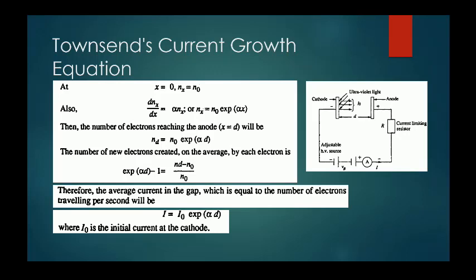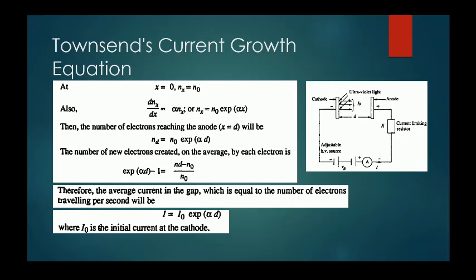Again, dnx by dx is equal to alpha nx. What is dnx? The increase in the number of electrons. Solving, nx is n0 into exponential of alpha x. Then the number of electrons reaching the anode at x equal to d will be nd, so we are replacing x by d here.